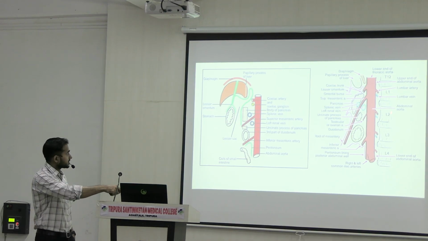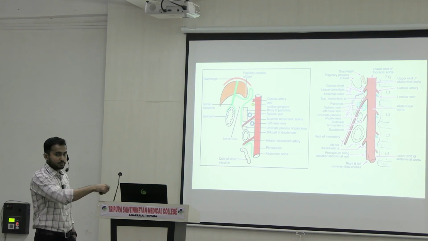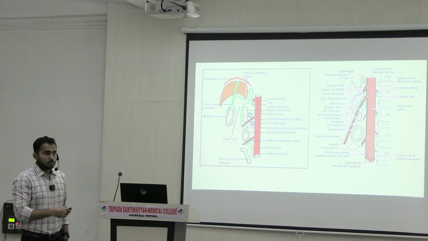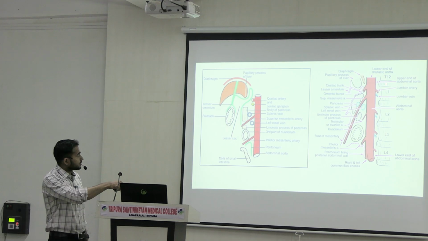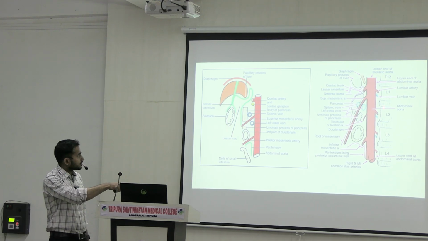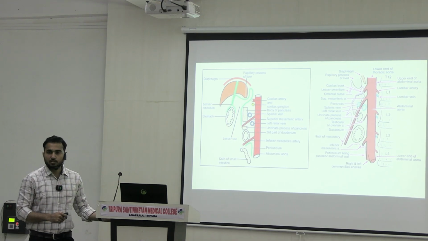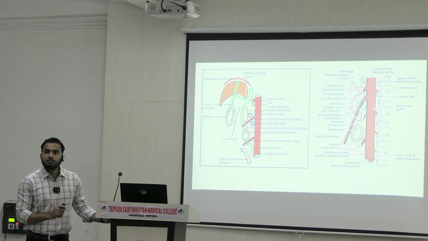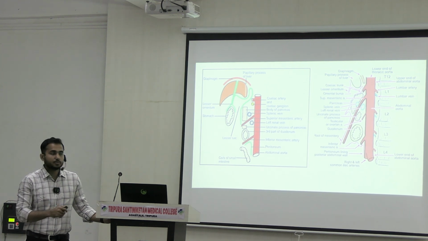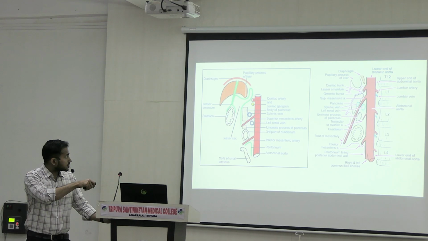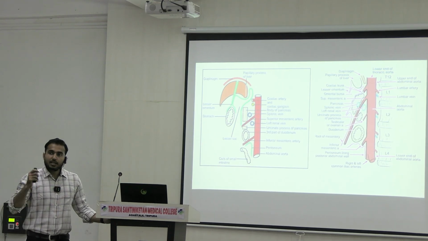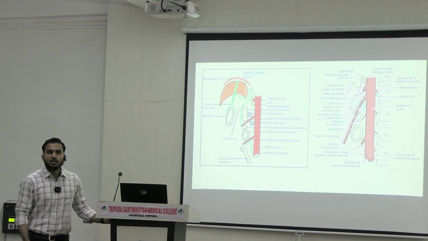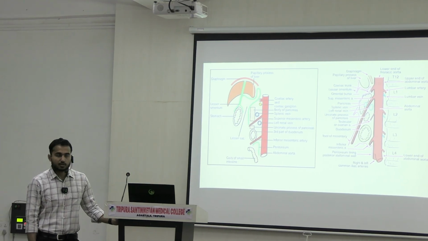So from this diagram you can identify the structure. So if you go posteriorly, as you can see, what are present? Lumbar vertebrae are there. Now along with the lumbar vertebrae, you can see intervertebral discs are also present. Okay, and another important structure is also there, that is the anterior longitudinal ligament.